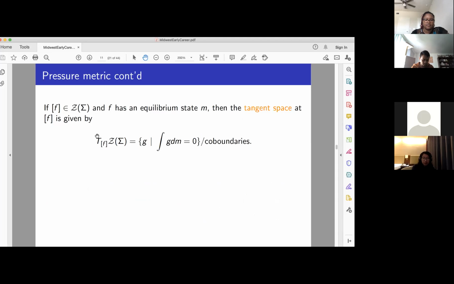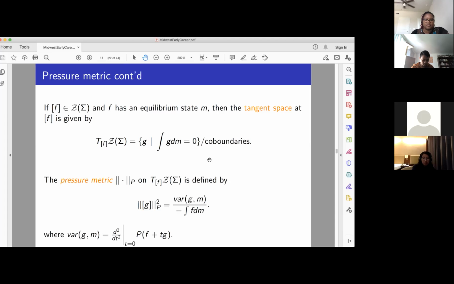You can calculate the tangent space at the class f in this space Z of sigma: it is the set of functions g such that the integral of g against the equilibrium state of f equals 0. And also this is defined up to coboundaries.